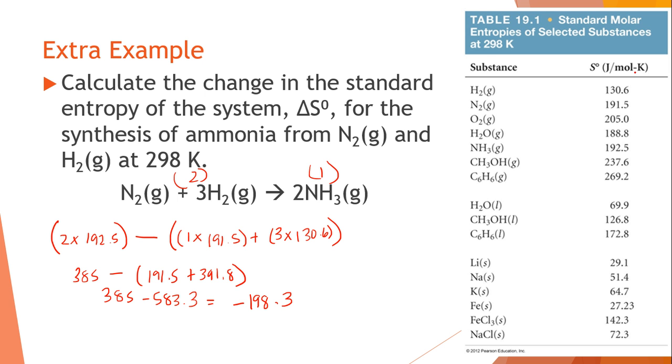I have to have a unit, and up here, remember delta S is going to be joules per mole Kelvin. Since we're talking about entropy, this is a negative. That means there is less entropy, and we become more orderly, or in other words, less random.